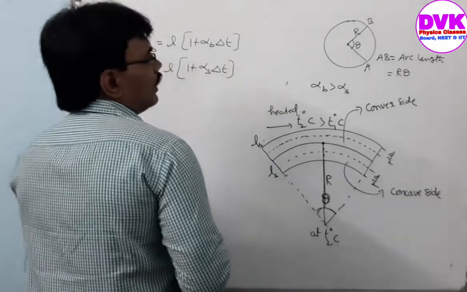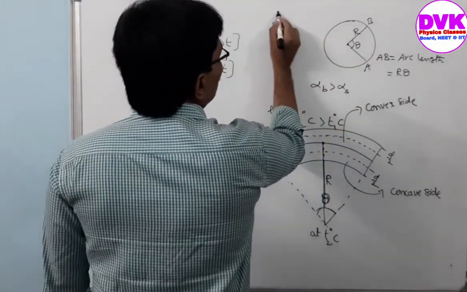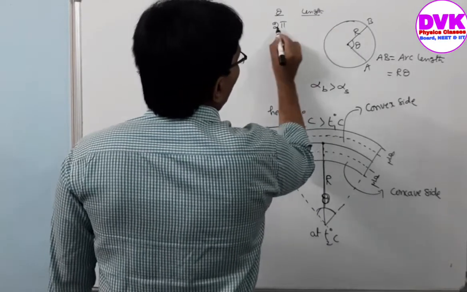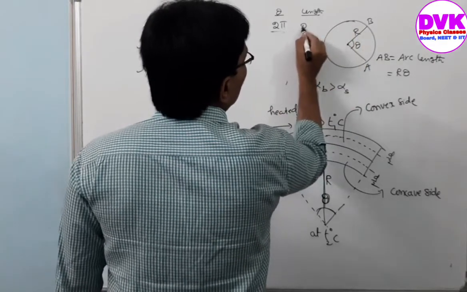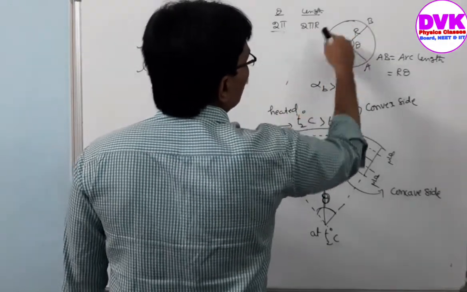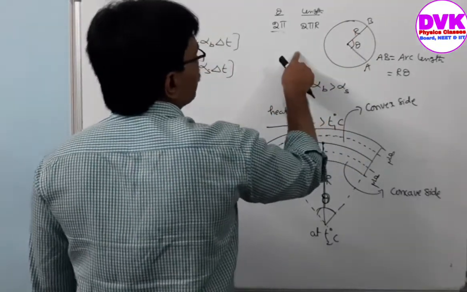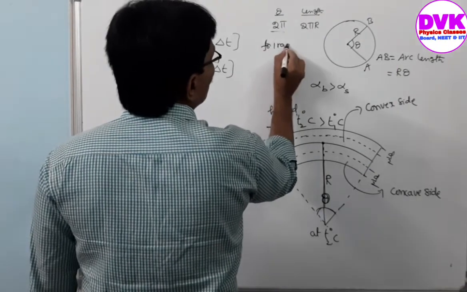How? When we complete 2 pi radians, the corresponding distance covered is 2 pi r. When we complete one round, the angle covered is 2 pi radians and the length covered equals the circumference. Now for 1 radian, how much length is covered?